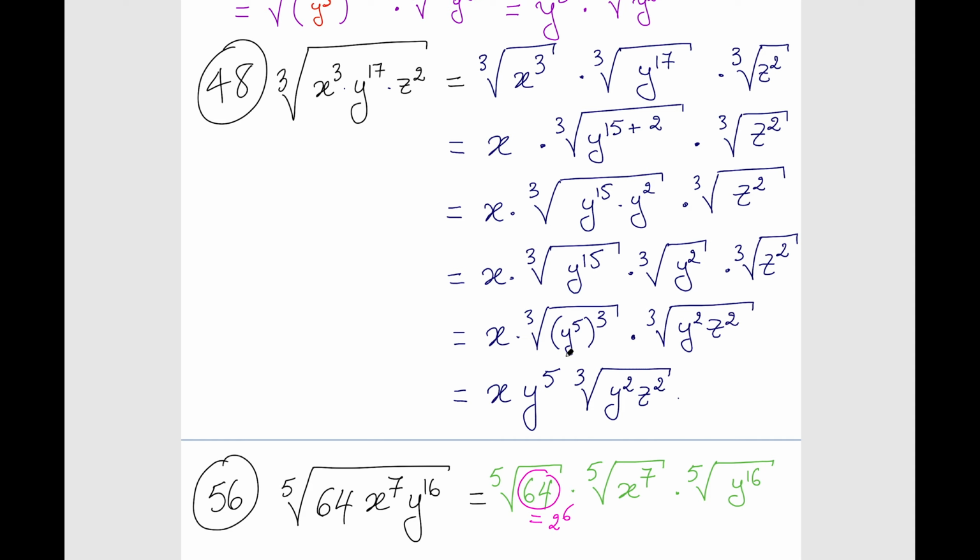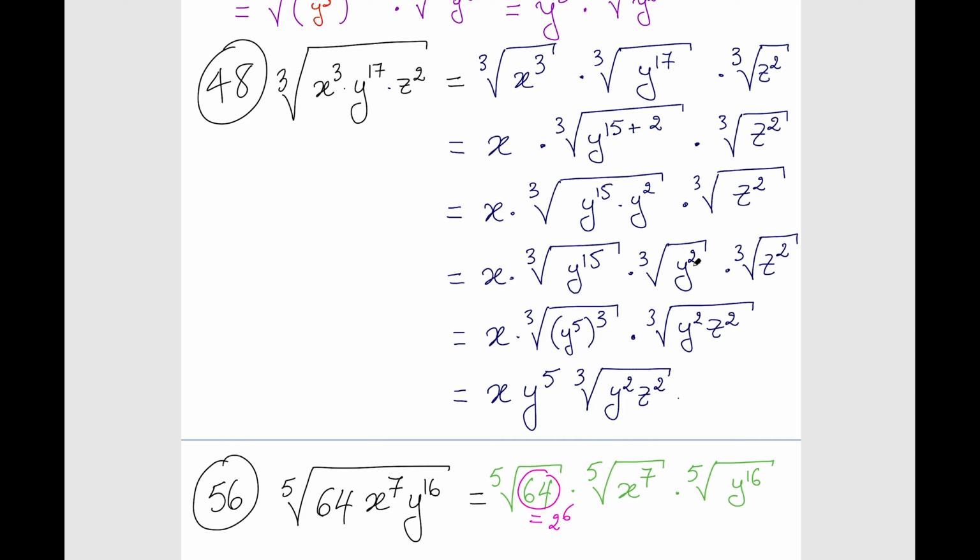So y to the power 15 is y to the power 5 times 3, or y to the power 5, to the power 3. Because 5 times 3 is the 15. And then that becomes y to the power 5. Correct?